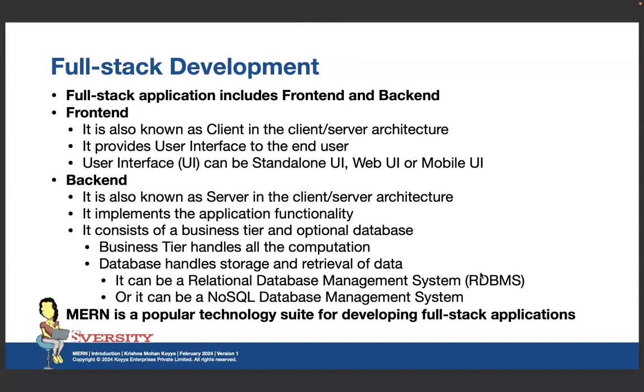For instance, if you are trying to apply for an examination, using the front end you will upload all your data, but all this data has to be sent to the server that is there somewhere else. That is where all the back-end processing happens. And if everything is going fine, then you will receive an acknowledgement on your front end. So the entire application functionality is typically run on a server, which we also call the back end.